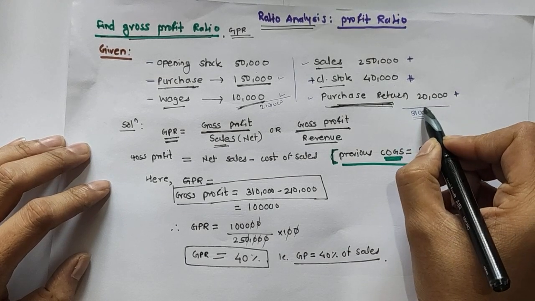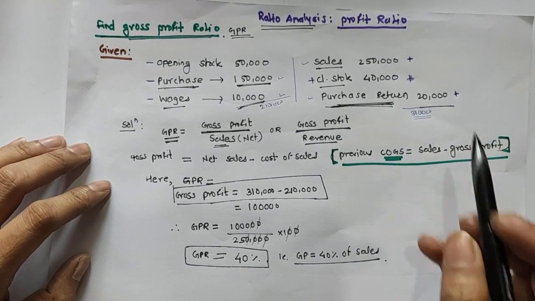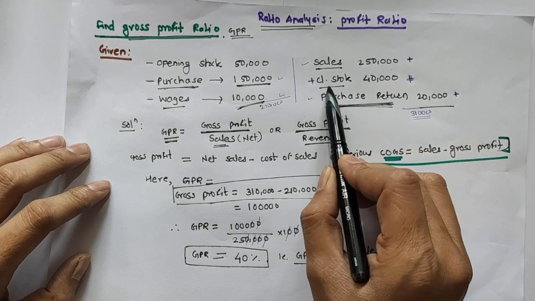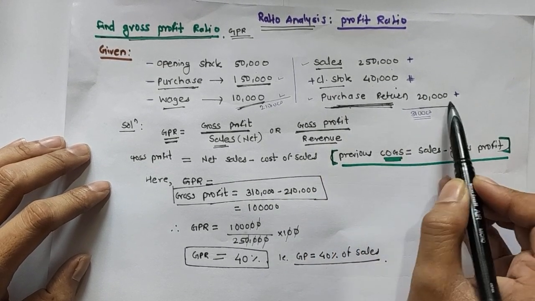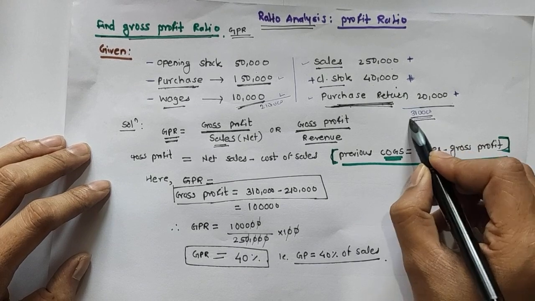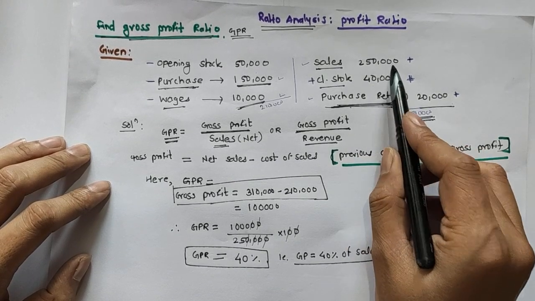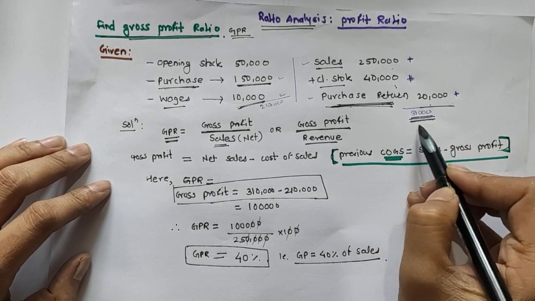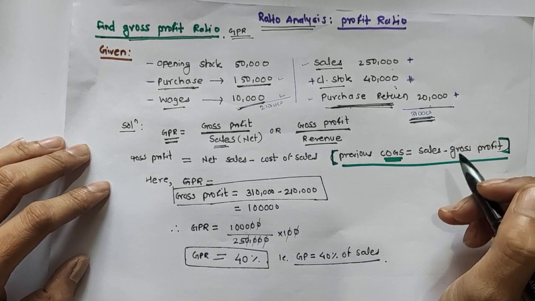So we have to add 20,000. Adding sales plus closing stock plus purchase return, 250 plus 40 is 290, plus 20 is 3,10,000.